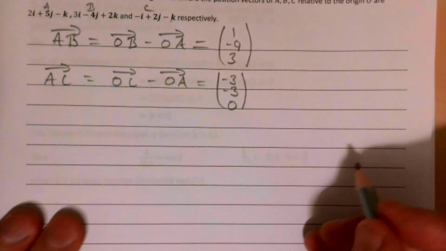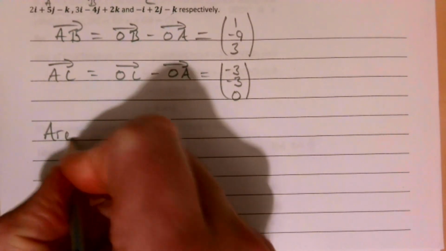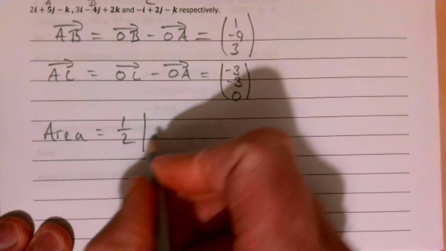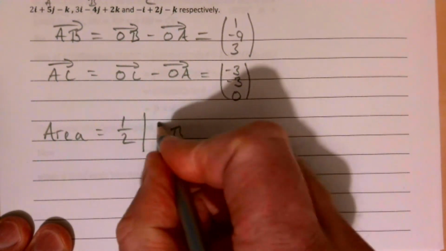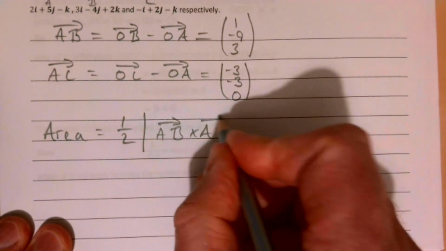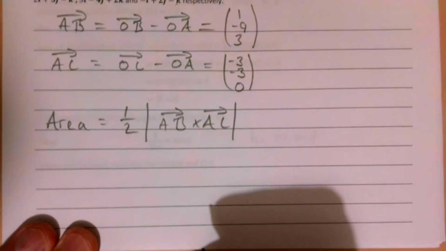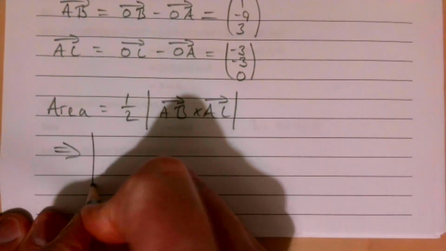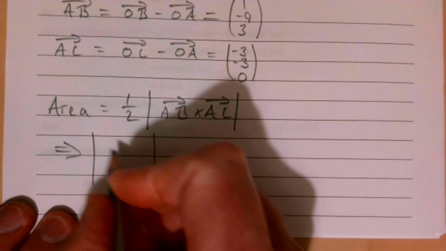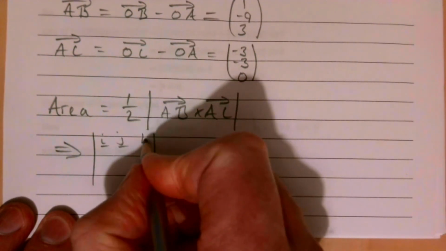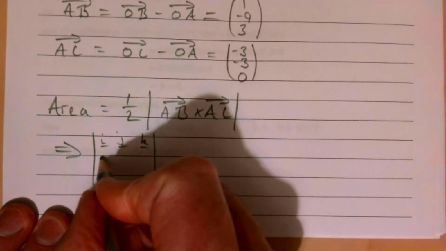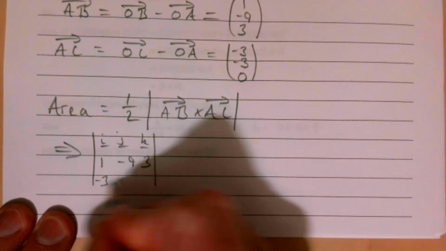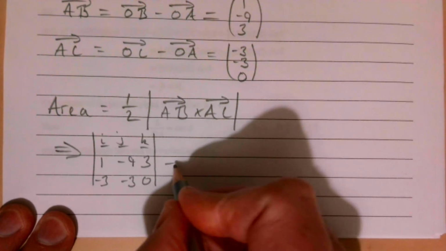So the area that we're looking for is a half AB cross AC. Let's find our determinant. i, j, k, 1, minus 9, 3, minus 3, minus 3, 0.